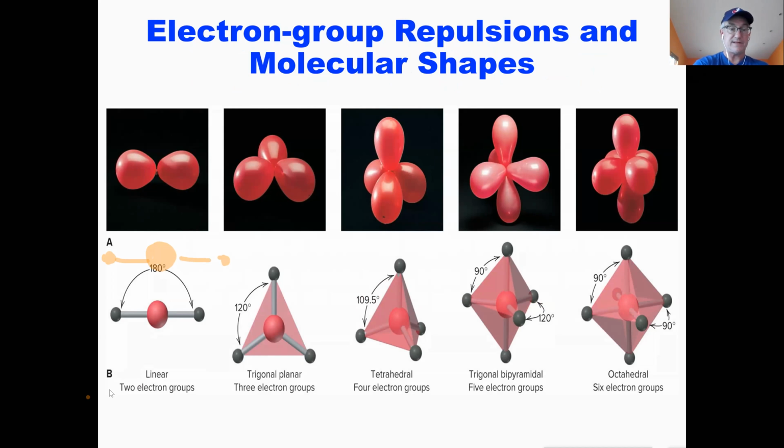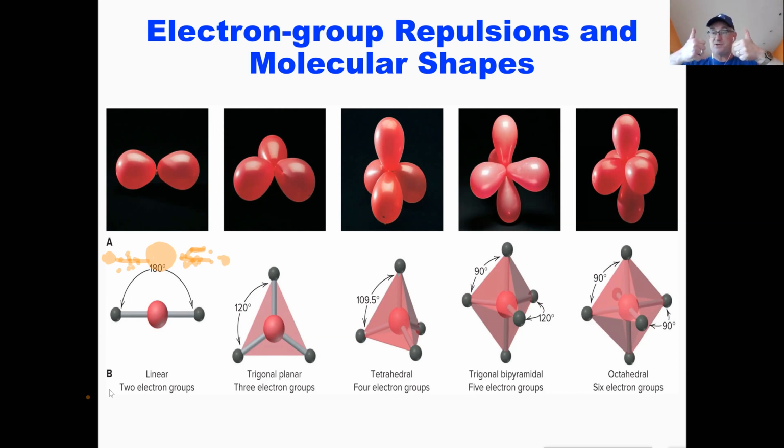Because this density of electrons on one side and this density of electrons on the other side repel each other. And so the way to avoid repulsion is to get as far apart as possible. And the greatest distance that they can have between each other is in a straight line. That is as far apart.